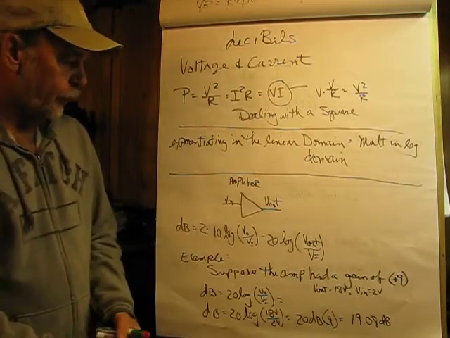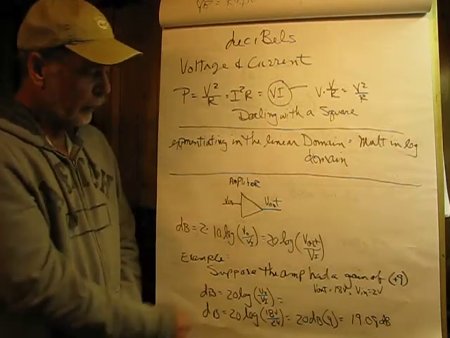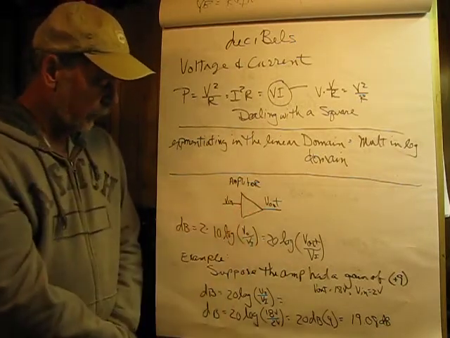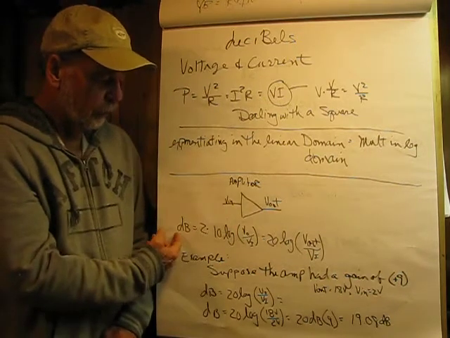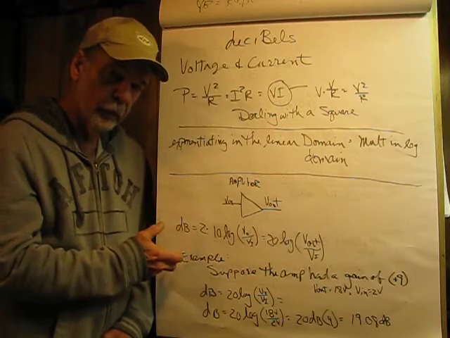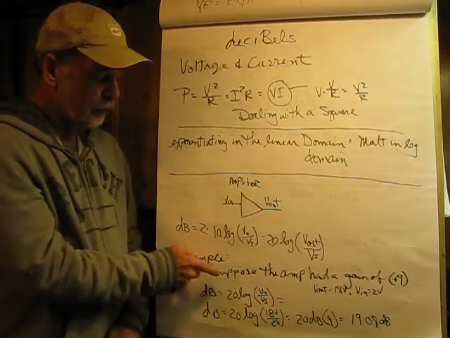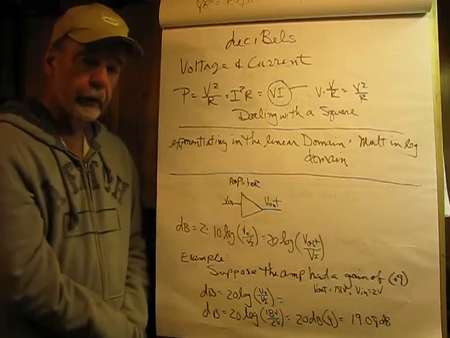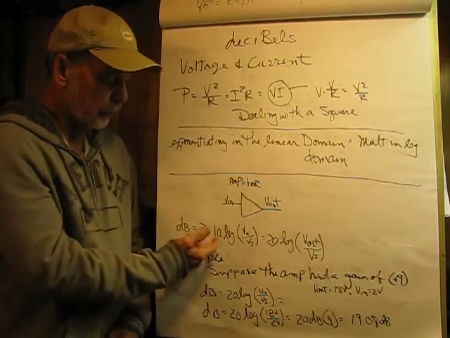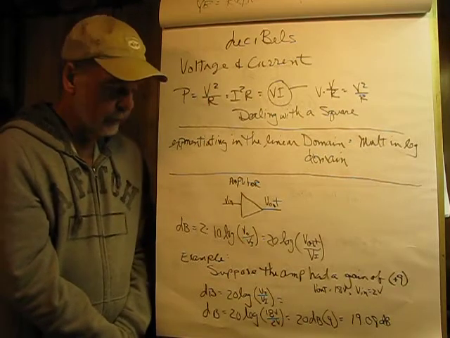If we take, for example, an amplifier with a voltage out and a voltage in, the decibels, because decibels are still a dimensionless unit, would be equal to 2 times 10 log of V out over Vn, which, combining these together, gives us 20 log of V out over Vn.